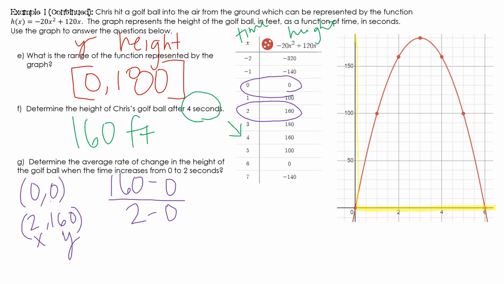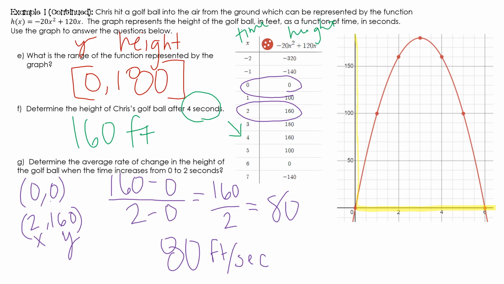So making sure that we stay consistent: if y2 is 160, then x2 needs to be 2. So this would simplify to just 160 over 2, which equals 80. So the average rate of change in the height, it changed 80 feet per second over the interval of 0 to 2 seconds.